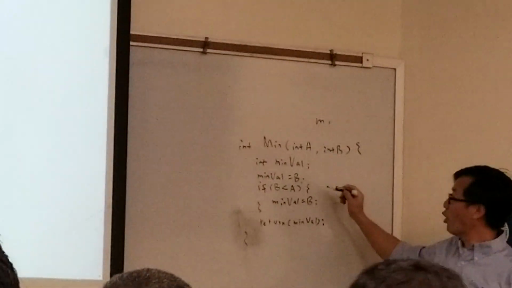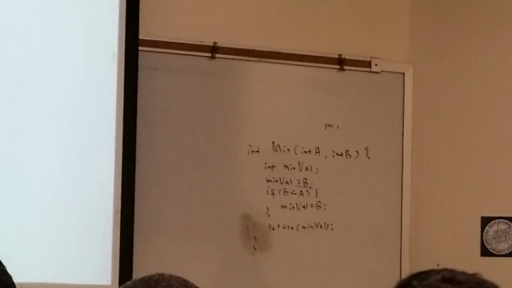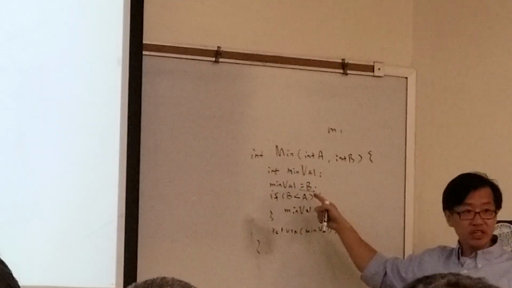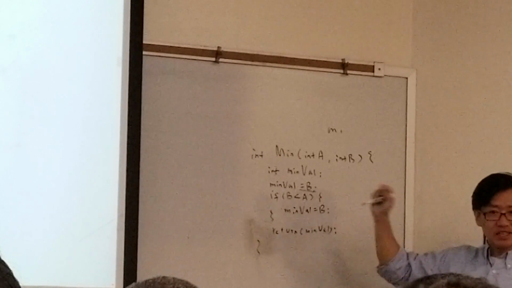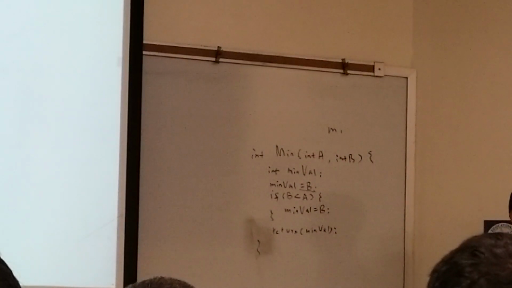So this is the mutant we're talking about. The only difference between this mutant and the original program is this. That's the only difference. We have B here instead of A. So this mimics the potential bug we have in the program.